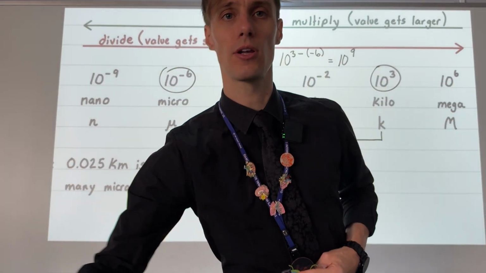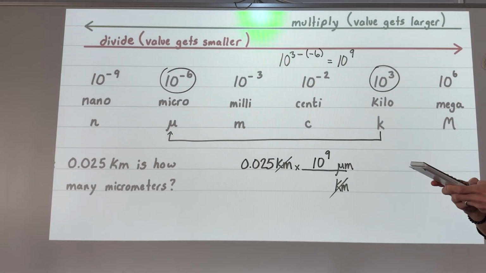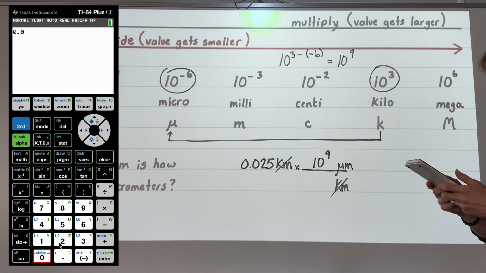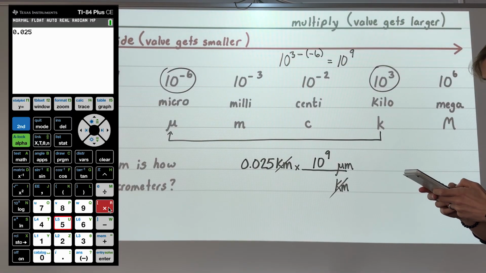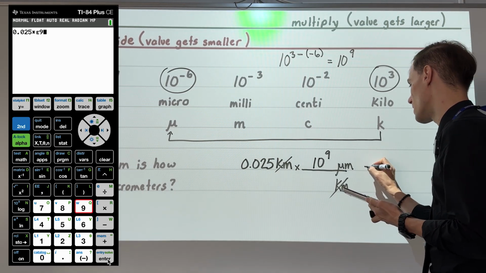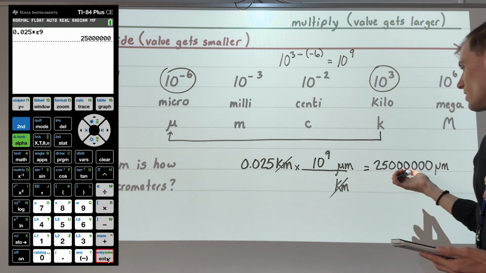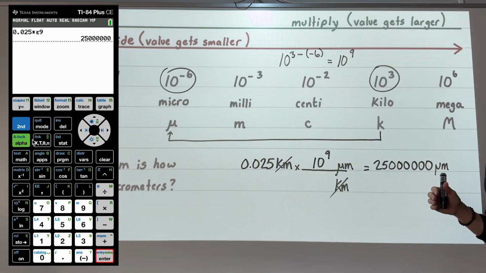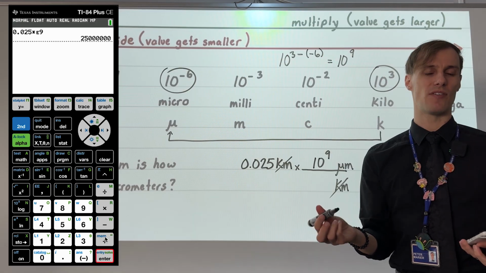So on your calculator, what I would enter is 0.025 multiplied by 10 to the 9, and I'm going to get a pretty large number. This number is fairly large, and trying to read it quickly is a little cumbersome. So what we use a lot in science is scientific notation.